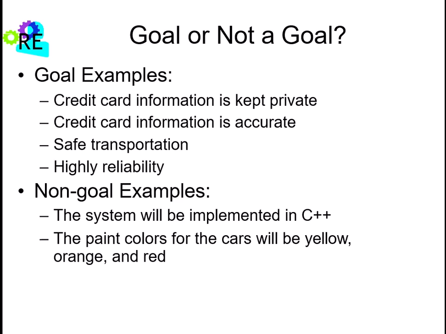But remember that there are some examples which cannot fit as a goal, like the system will be implemented in C++ or any particular coding tool. This is not a goal. That is an implementation constraint but not a goal. The paint color for the cars will be yellow, orange, red, and so on. These are also not goals. So goals actually belong to the system requirements.